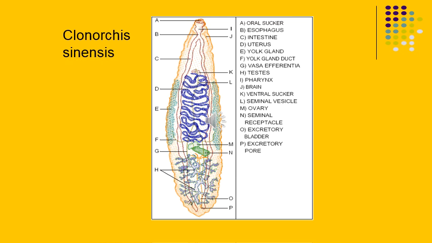In this slide, again we have Clonorchis, but it's a schematic picture of Clonorchis, in which we can name every organ on it by a letter of the English alphabet.